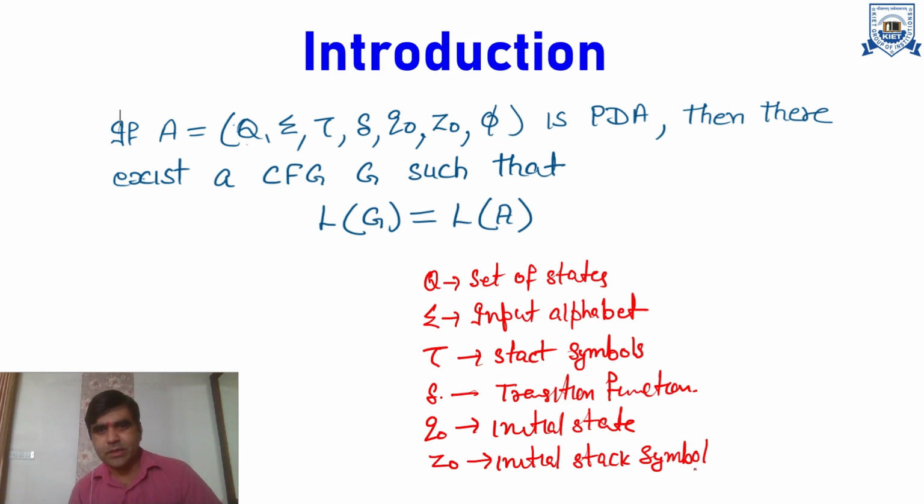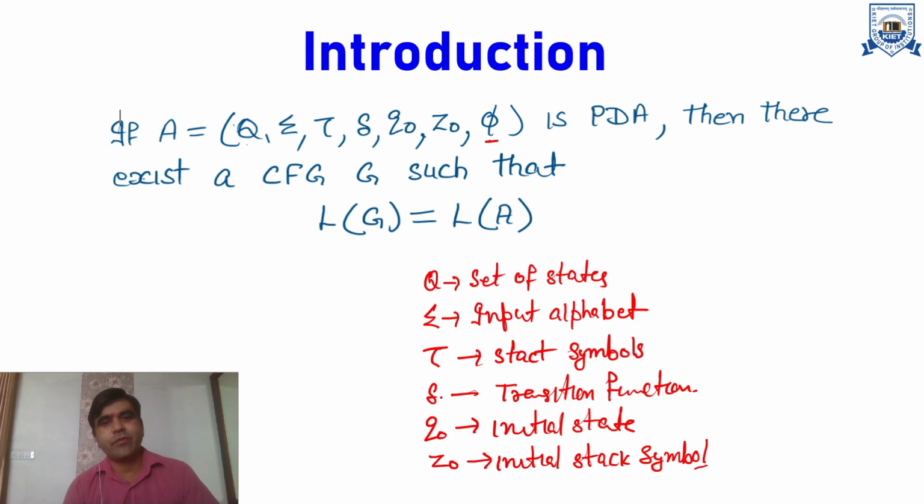Okay, and in this case we have written phi over here, because we are assuming for the sake of simplicity that your push-down automata is accepting a string by the empty stack. Okay, so there is no final state in that case.